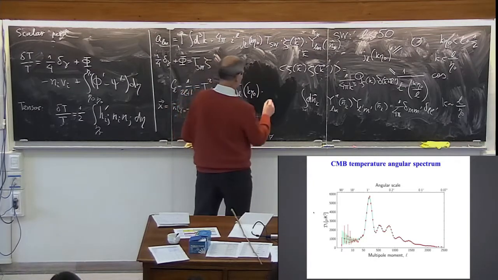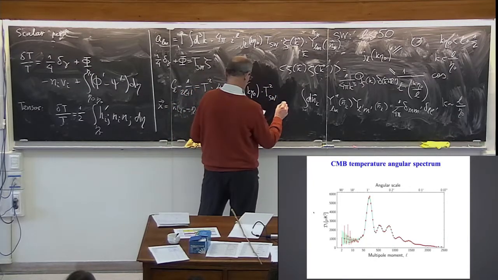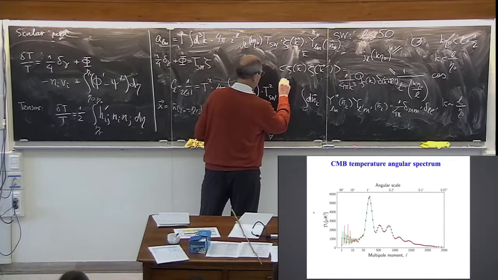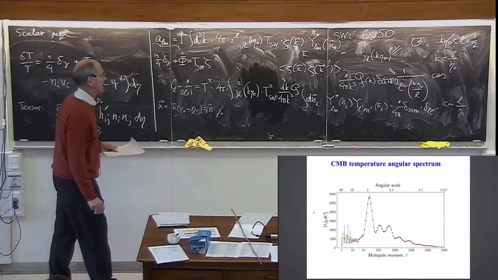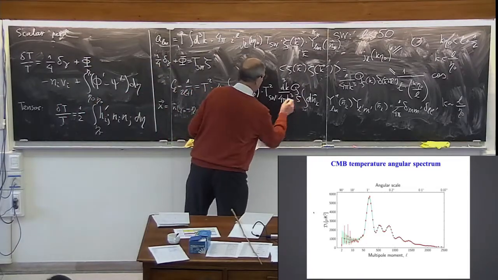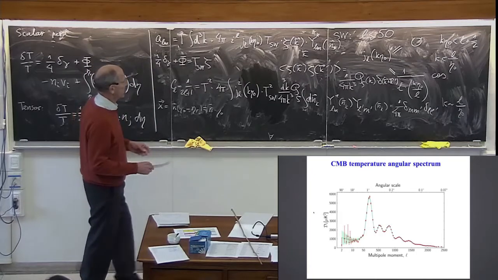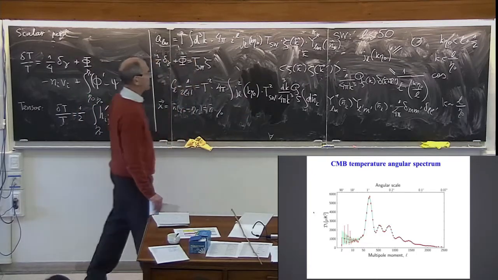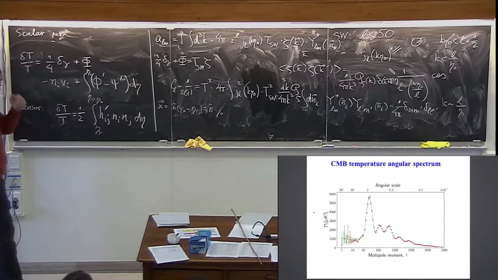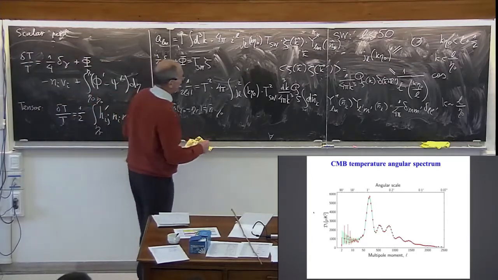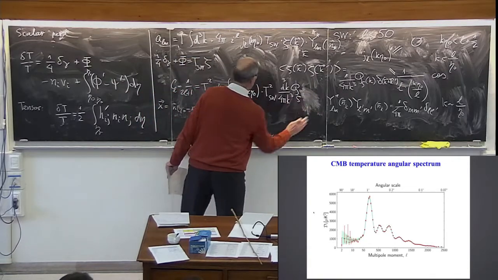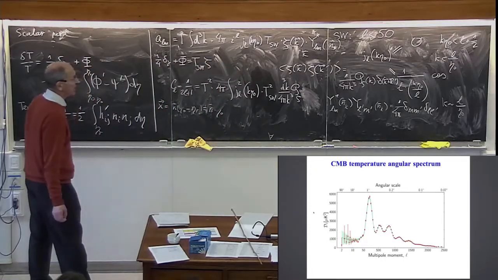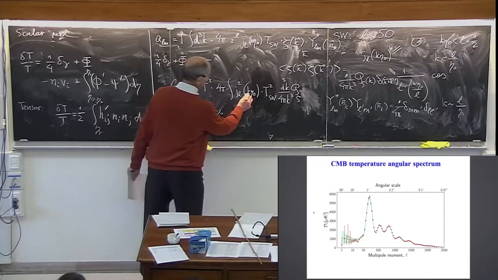So altogether I get this G_L squared of k eta naught, and the transfer function squared, and d^3k over 4 pi k cubed P_zeta. That's a simple formula. Okay, if my transfer function is constant, which is true for low multipoles, then this is just a one-dimensional integral, an integral over this variable here.